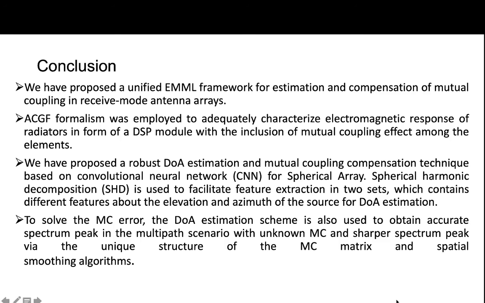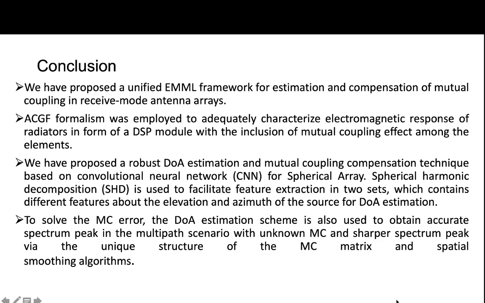We have proposed a robust DOA estimation and mutual coupling compensation technique based on CNN for a spherical array. Spherical harmonic decomposition is used to facilitate feature extraction in two sets, which contain different features about the elevation and azimuth of the source for DOA estimation.